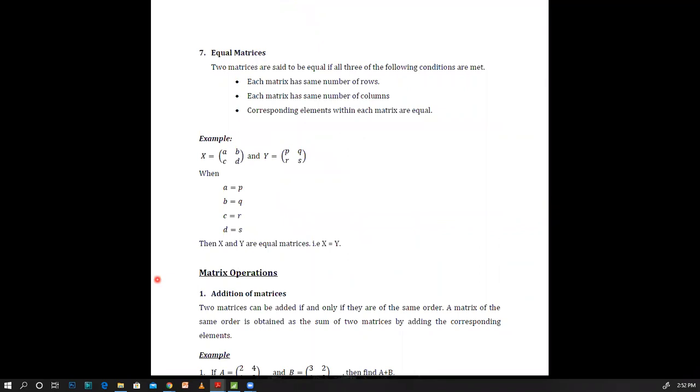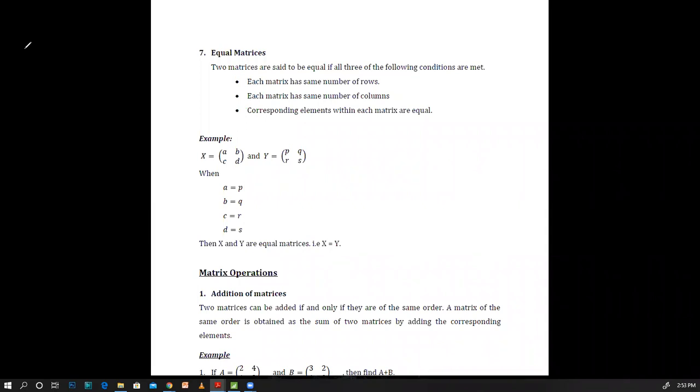And the next, this is used for the calculations in many more situations, the concept of equal matrices. If you see about the equality of two matrices, then if the following three conditions are satisfied for any given two matrices, then we can say that such matrices are said to be equal matrices.